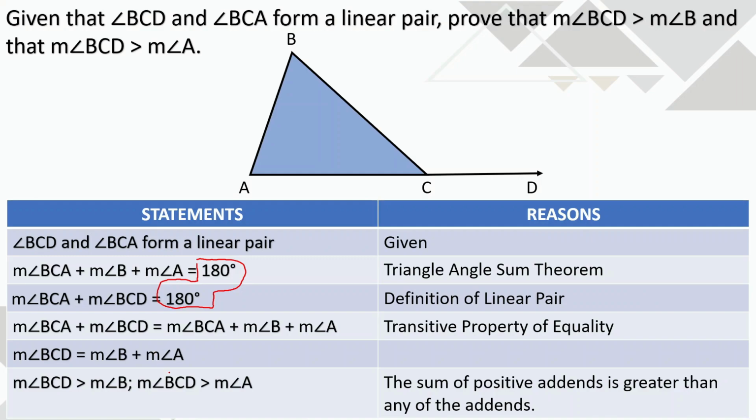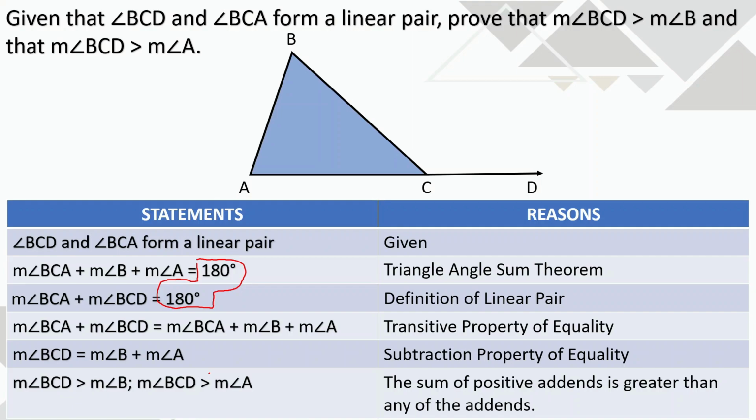And how about the fifth row? It says measure of angle BCD equals measure of angle B plus measure of angle A. What is the reason for us to assume that? The reason for that is the subtraction property of equality.